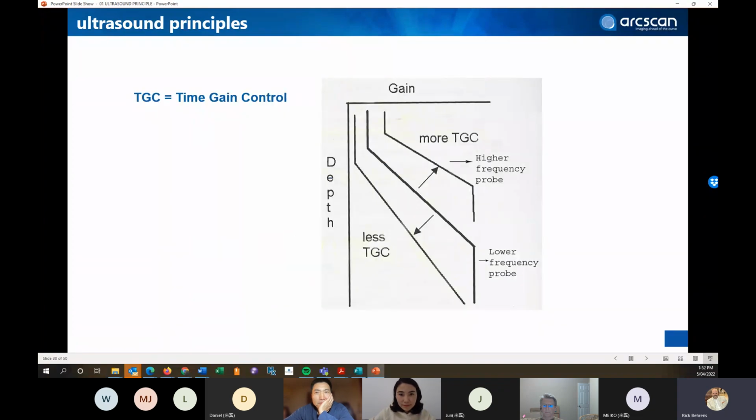The gain, which is called the TGC, the time gain control, is a feature of many ultrasounds. Ours is already set as automatic, because remember I told you that we are basically measuring in time. We present the image as if it were always taken with no time delay.